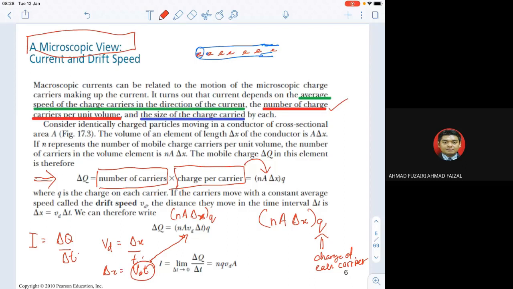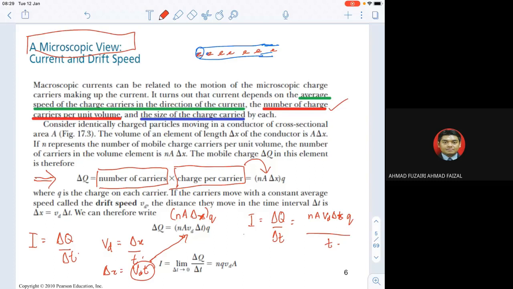Divide with, now remember, we can put inside here. I try to write it back. We write it down: I is equivalent to delta Q over delta t, and we can write it as n A vd delta x over delta t, sorry, vd delta t, times q over t.